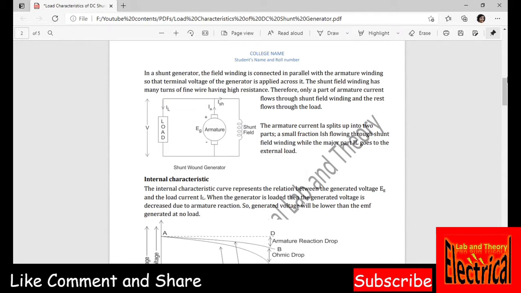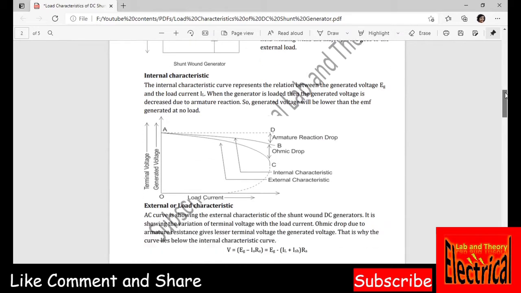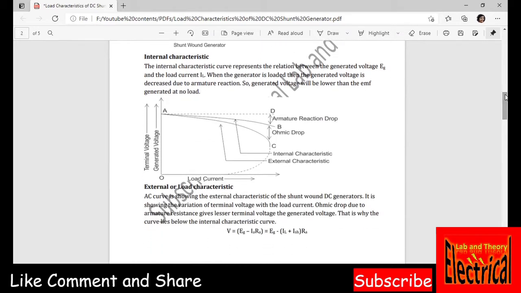So now let us come to internal characteristics. What is internal characteristic? Internal characteristics is nothing but the relation between generated voltage and the load current. The relation between generated voltage and the load current is the internal characteristics of any generator.